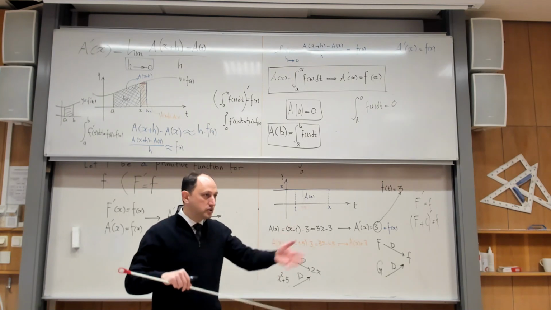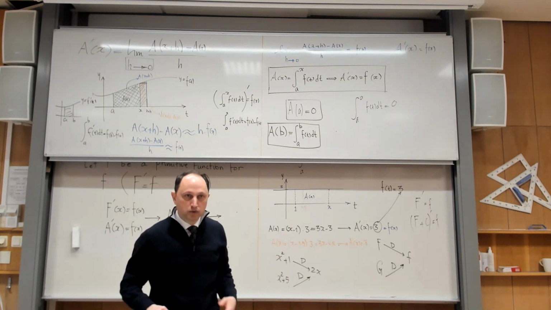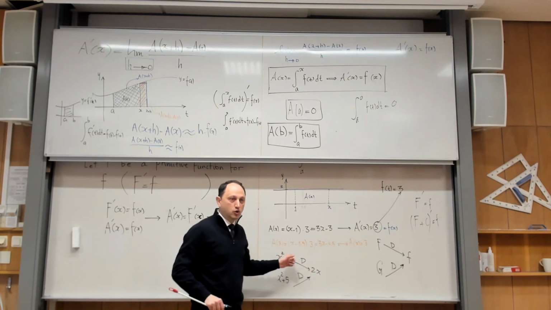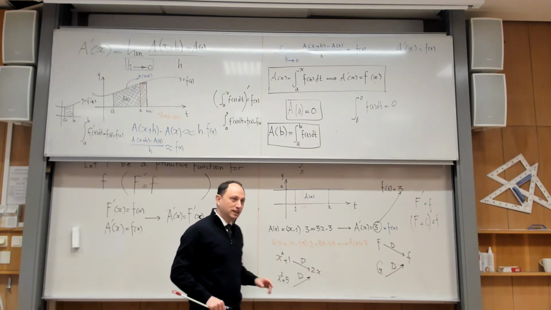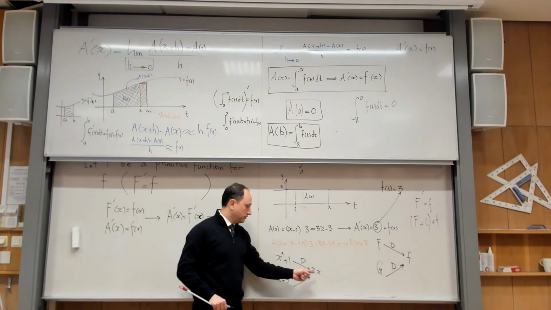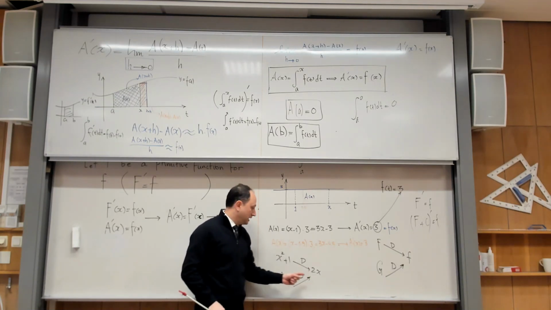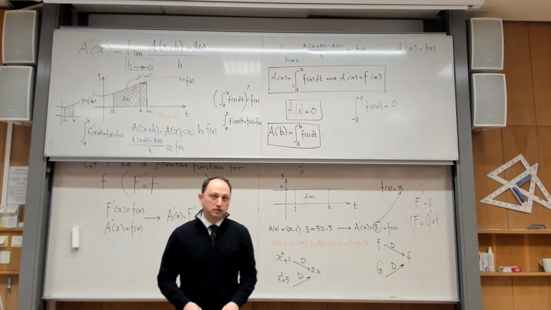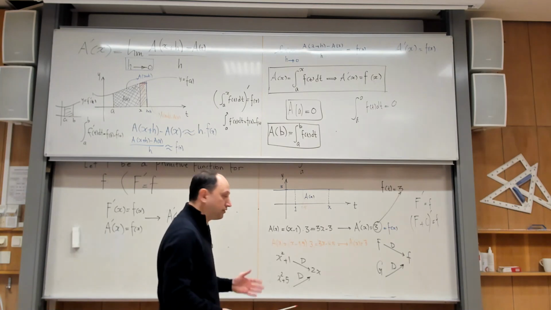Maybe by coincidence or whatever, these terms are miraculously cancelled, and I end up with 2x. This theorem tells you that no, don't worry. If you find one primitive function for your function, every other primitive function is that function plus or minus a constant number. They don't differ that much.